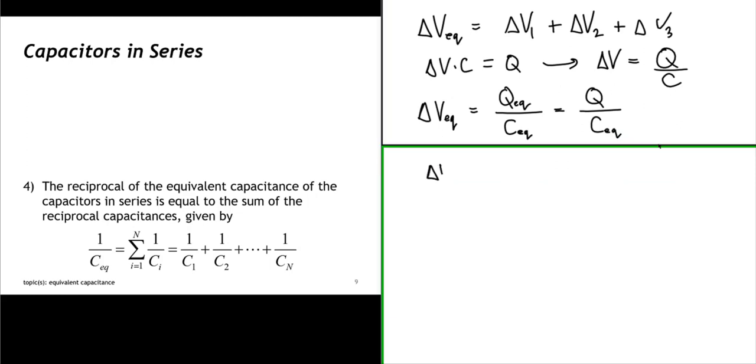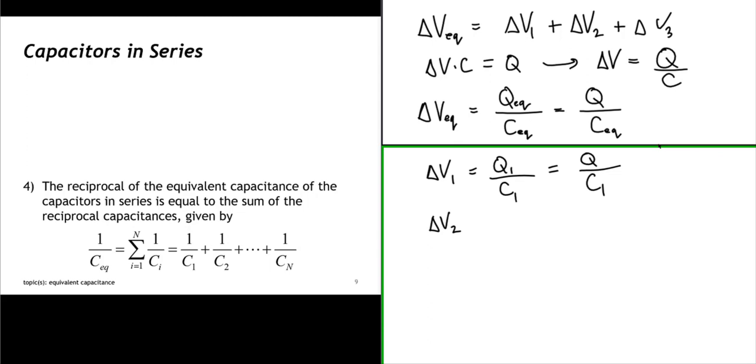The potential difference across capacitor 1 is equal to the magnitude of charge on capacitor 1 over capacitor 1's capacitance. And just like with the equivalent capacitor, that is just equal to Q, the charge that's on each of the capacitors, over the capacitance of capacitor 1.